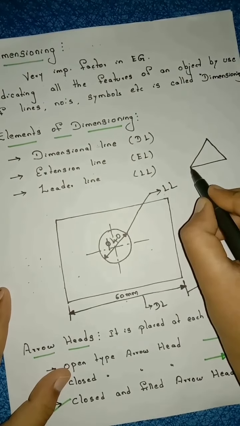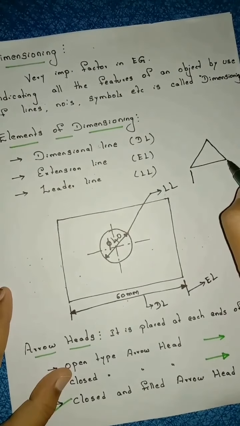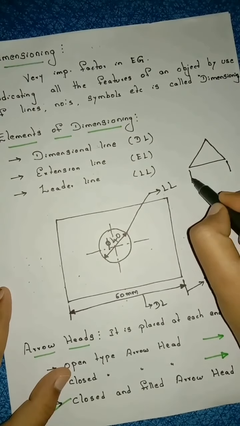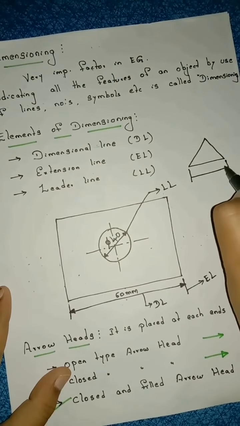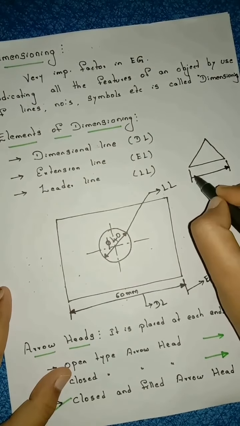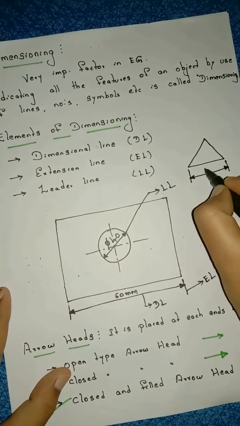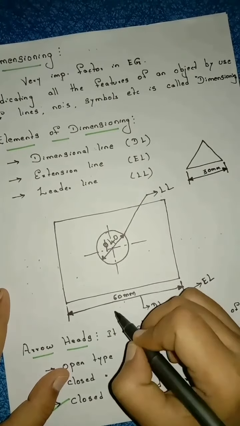This is the starting point of the triangle; draw the extension line. This is the ending point of the triangle; draw the extension line. Now draw the dimensional line which is parallel to the baseline. Keep the arrow marks closed and filled. The length of this triangle, suppose it is 30. Write down here 30 mm.